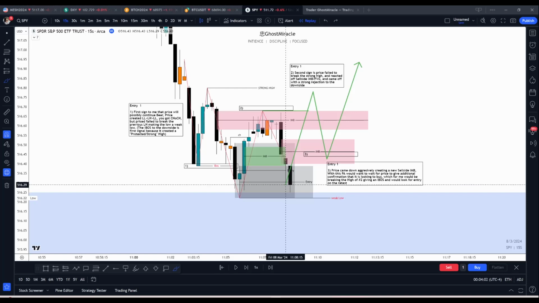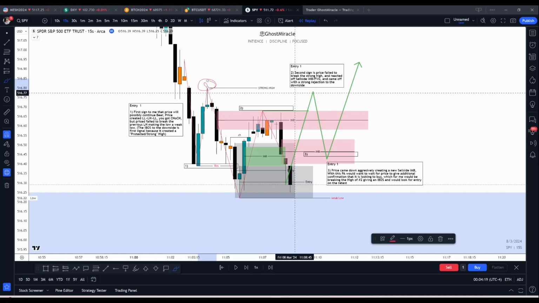So for a more confirmed entry, you would want this retest and then another break in structure here. That way, it doesn't necessarily need to break this high in general before you get your entry, because you have a Choch, internal break, retest.